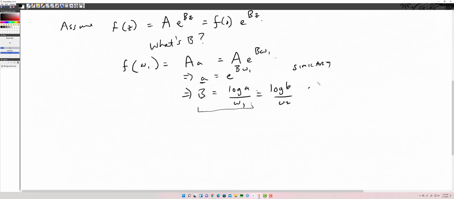This process would look like this. Given omega 1, omega 2, that means we have both of these. We pick an A. Then we have little b equals e to the log A over omega 1 times omega 2. You see what I'm saying? I can find B given this stuff.